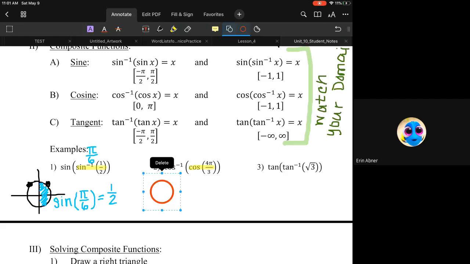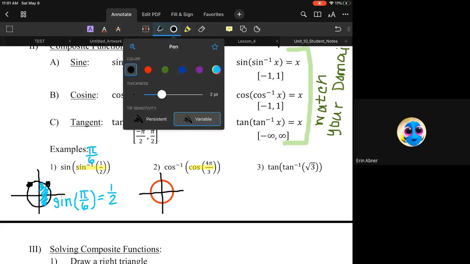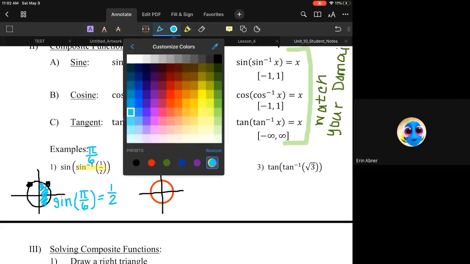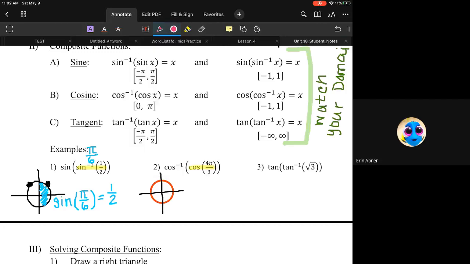Okay, so there's my circle, there's my axes. If I'm talking about cosine, then I'm only dealing with the top half of my circle. I'm only dealing with this part up here.